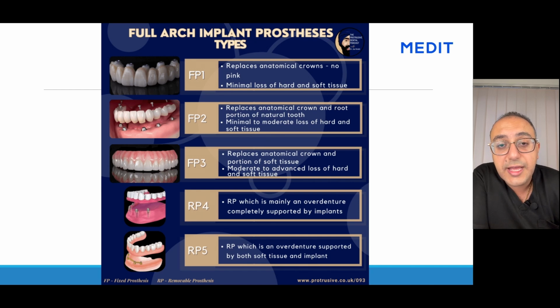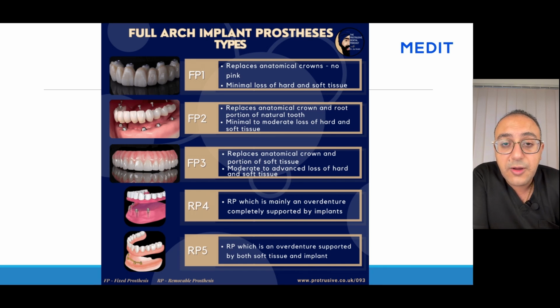And in an FP3, you are replacing the patient's gums with a huge part of the gums, so it looks homogeneous and natural. But when you are doing an FP2, you have a mixture of pink between the patient's original gums and the artificial pink you are placing. And this gives less aesthetics. So always try to fall into the category of FP1 or FP3.